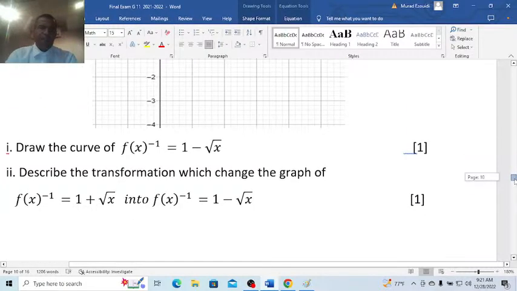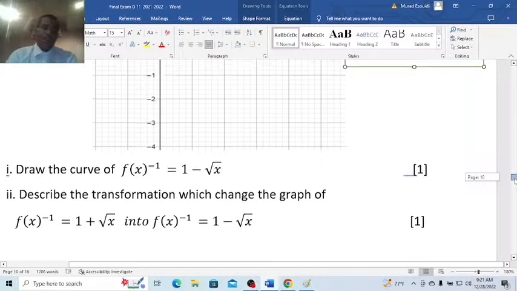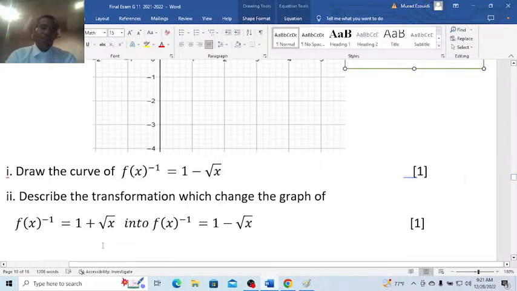Describe the transformation that changes the graph of f minus 1 of x equal 1 plus root of x into f minus 1 of x, which is 1 minus root of x.